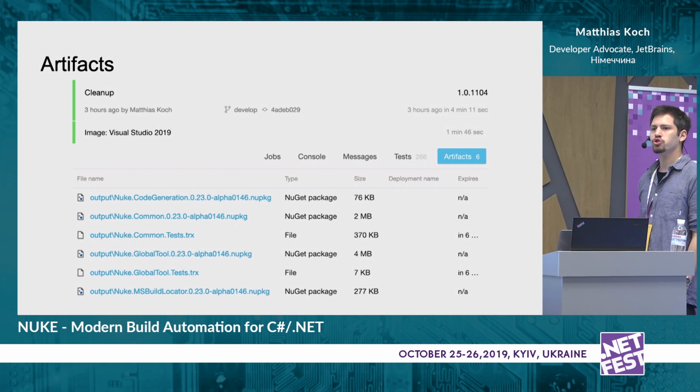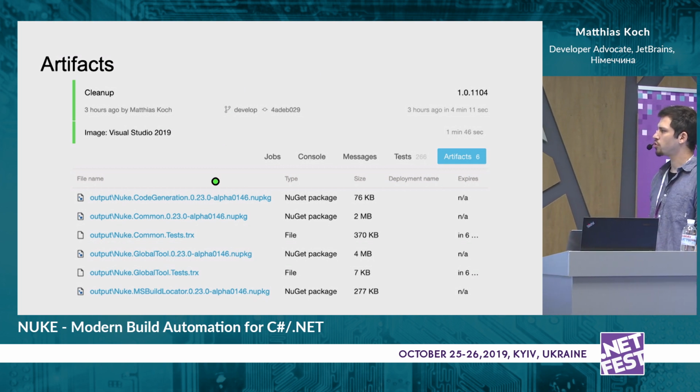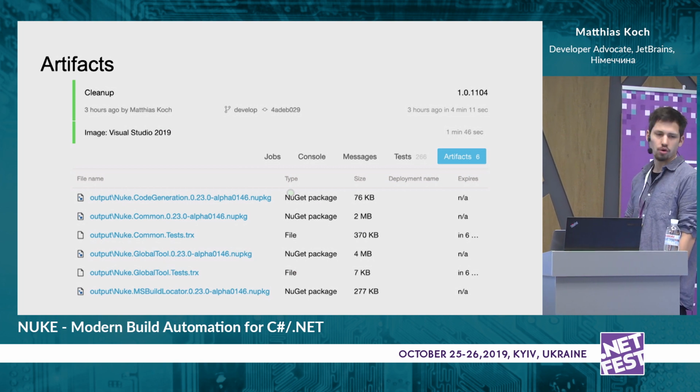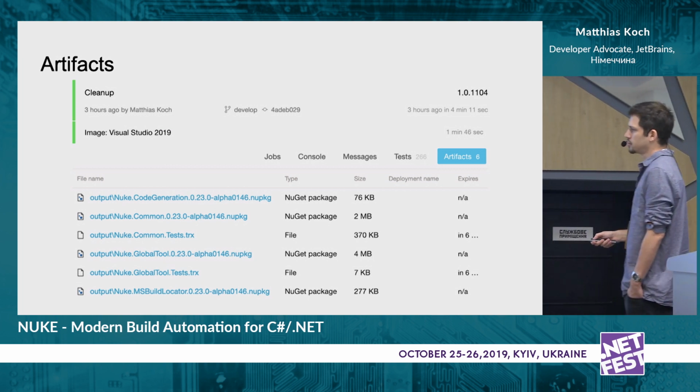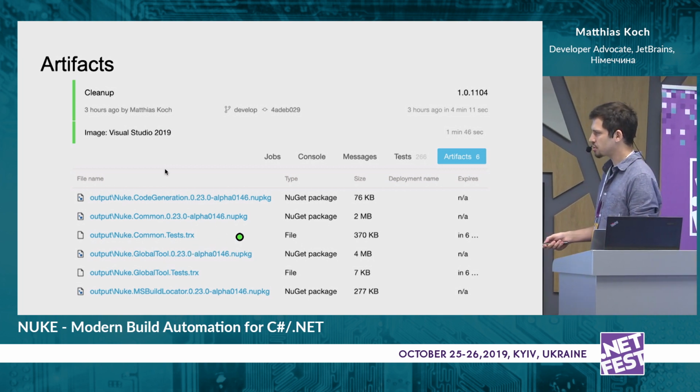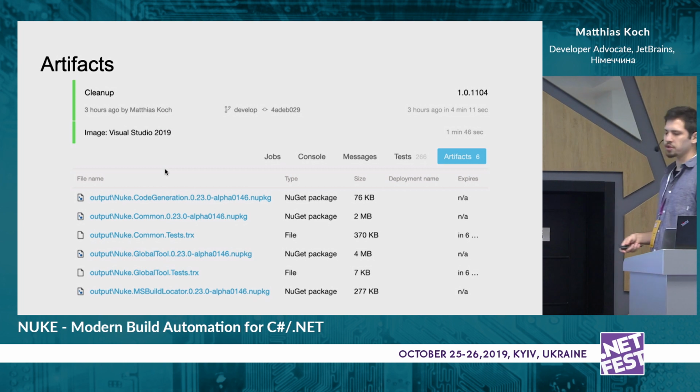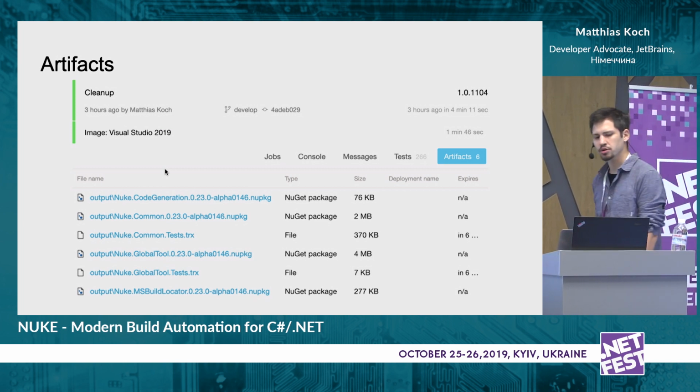And just that definition is enough for AppVeyor to automatically get the NUKE packages published. No additional work is needed. So you see also some tests are published, so that's just from another target. Okay, that's about artifacts.